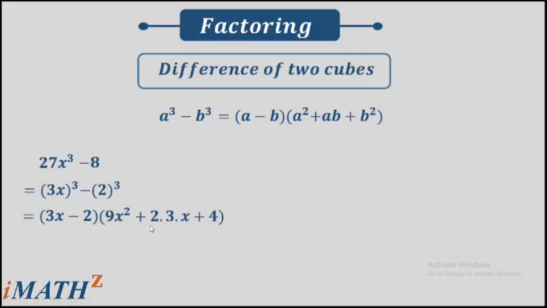So a in this case is 3x, so we have 3x there, and b in this case is 2, so we have 2 there, and the last term is b squared, which is 2 squared, and that's why we have 4 there. Simplifying this middle term, we have 3x minus 2 times 9x squared plus 2 times 3, which gives us 6x, plus 4. The main idea here was identifying 3x as being a and identifying b as being equal to 2, and plugging 3x and 2 into that equation over there.